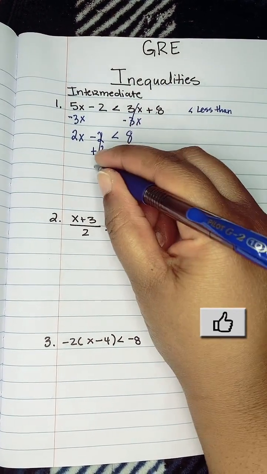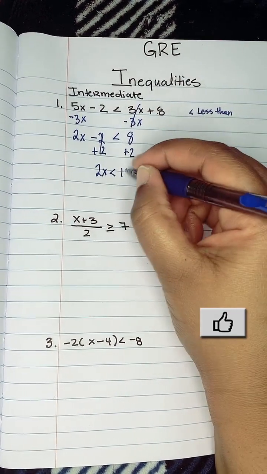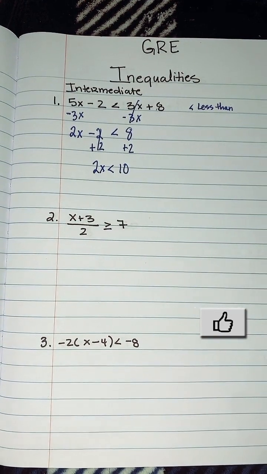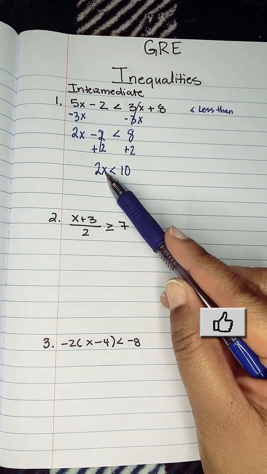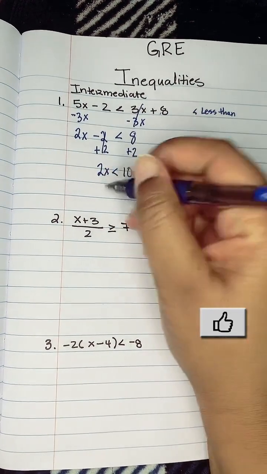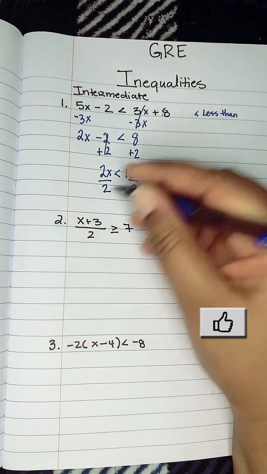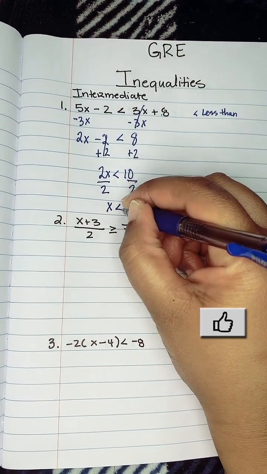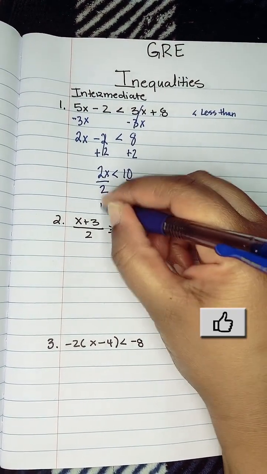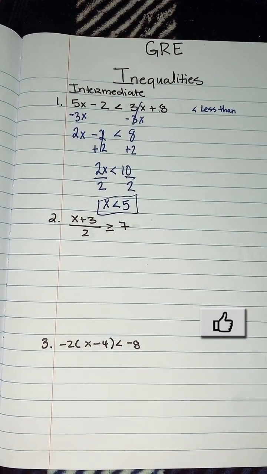We drop down our 2x less than 8 plus 2 is 10. And then remember, whenever you have a number attached to a letter that's multiplied, to undo that, we're going to divide. So we divide both sides by 2, and we get x is less than 5. And that is our beautiful answer.